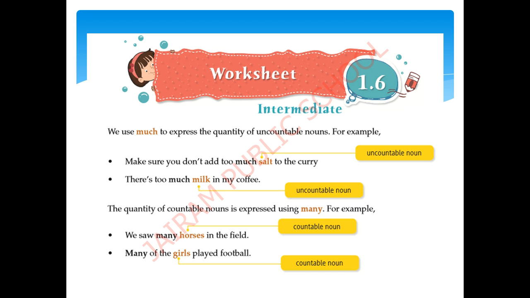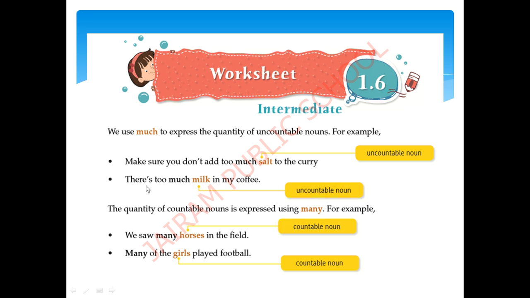No, it's uncountable. So it is an uncountable noun, which is referred to with the word much. So you have a clue to find whether it is a countable or uncountable noun. Due to the word much, we can find this type of noun is uncountable.